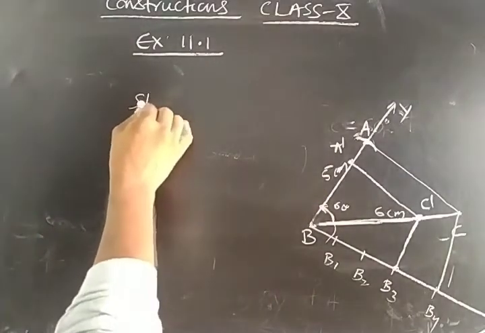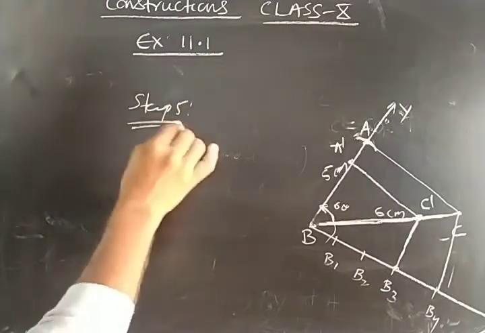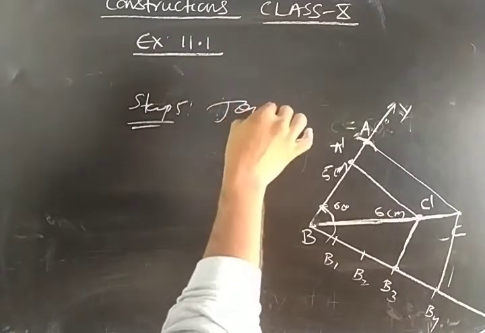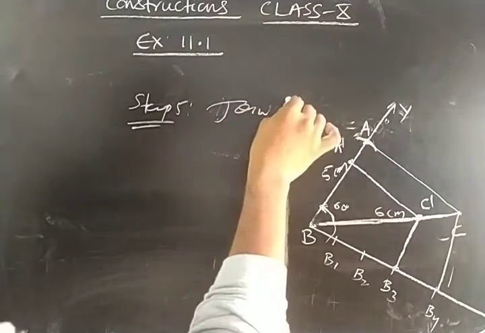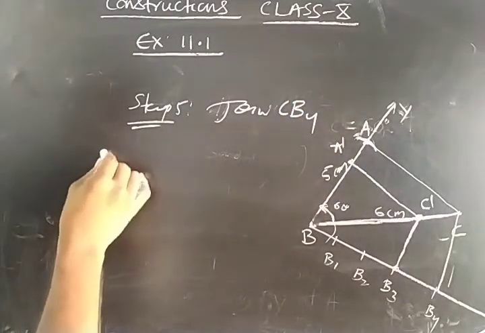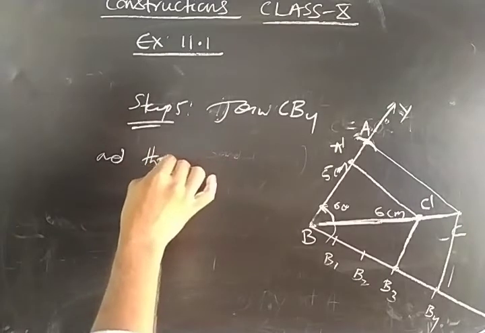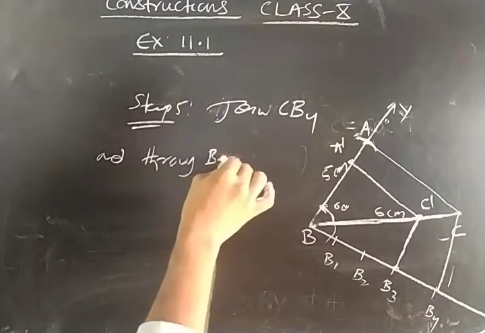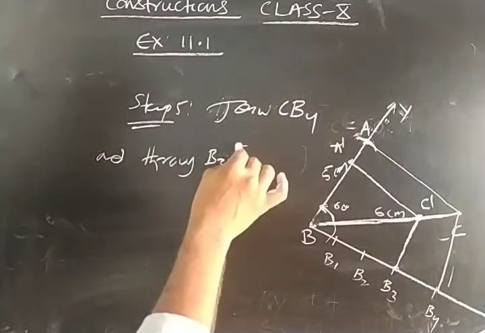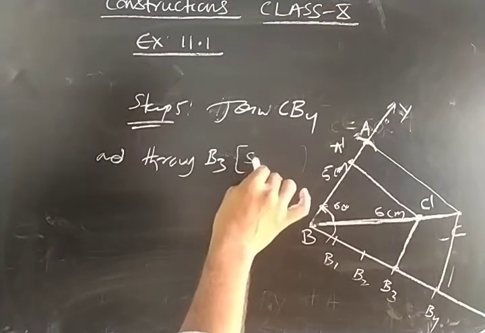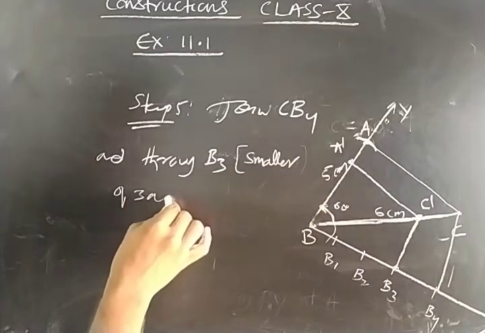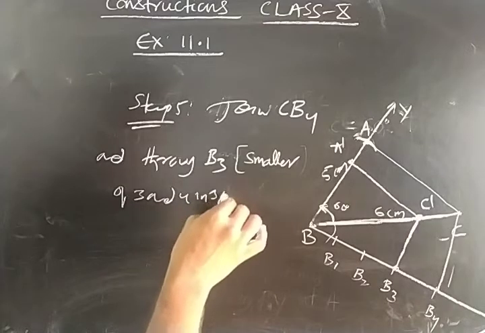Step 5. Join C with B4, and through B3, which is, why B3? Because it is the smaller number, the smaller of 3 and 4 in 3/4.